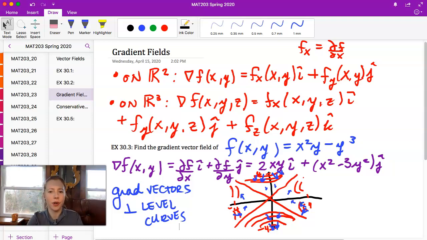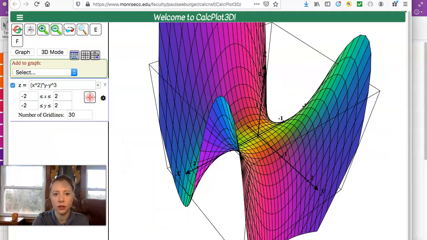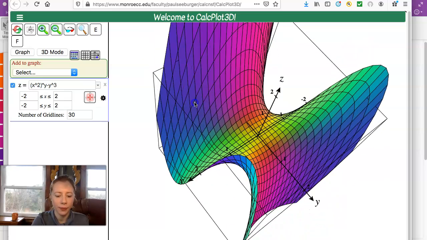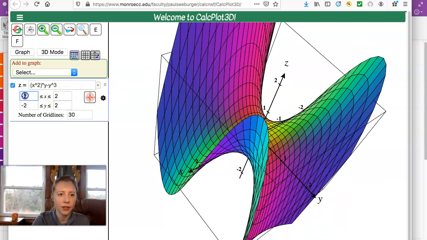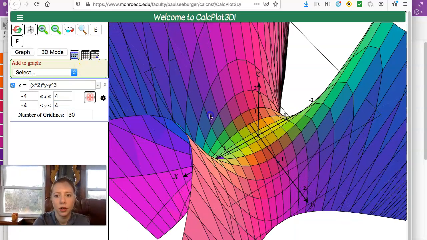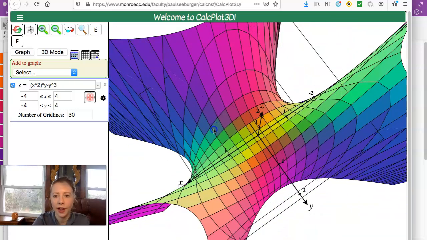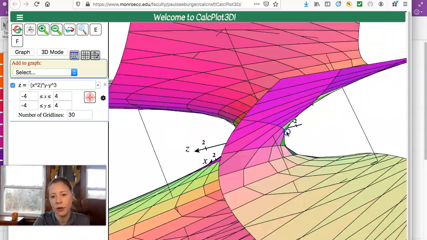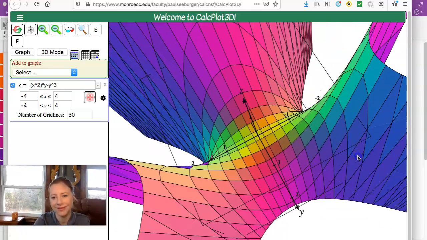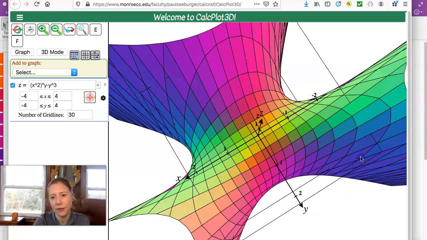So I'm going to open up CalcPlot 3D so we can get a look at this surface. All right, so here it is plotted. And if we went from -4 to 4, it'll just zoom out a little. It looks very similar still. And so you can see if we looked overhead, we could get y going in the proper direction.